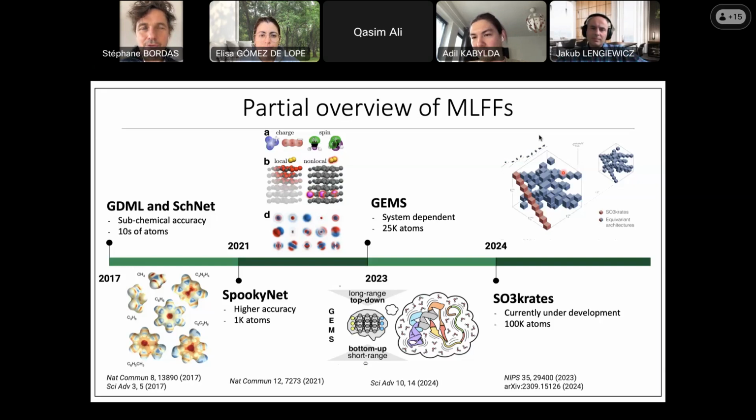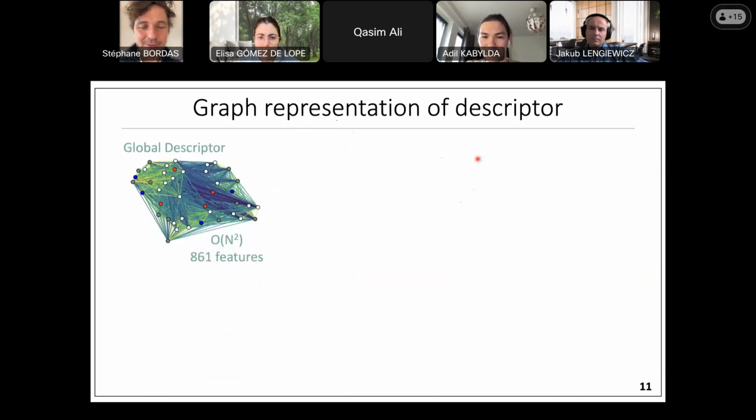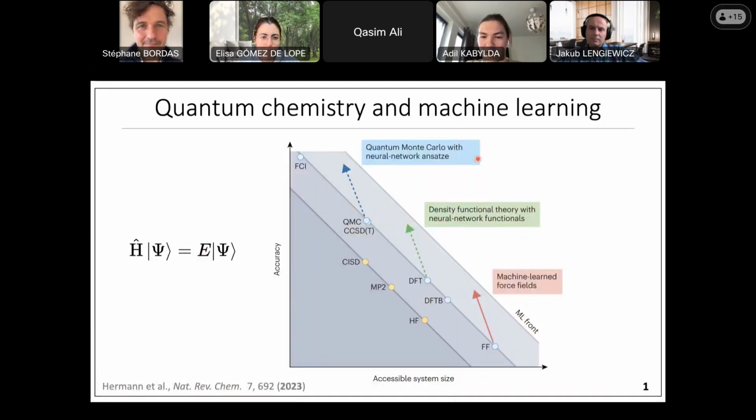And what did people do before the whole excitement about machine learning? I'm not saying that there was no machine learning before, but you will probably agree that recently there was some sort of hype. So before that hype, what were people doing in that field? So it's a whole field of quantum chemistry, right? We have the Schrödinger equation, which is too difficult to solve, and we have a bunch of approximations that give you the same thing, but at a very high cost.